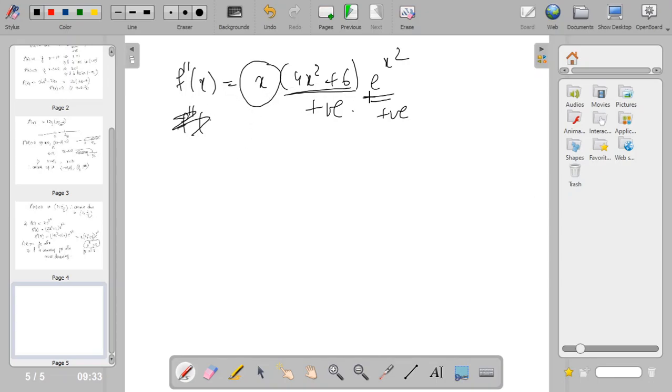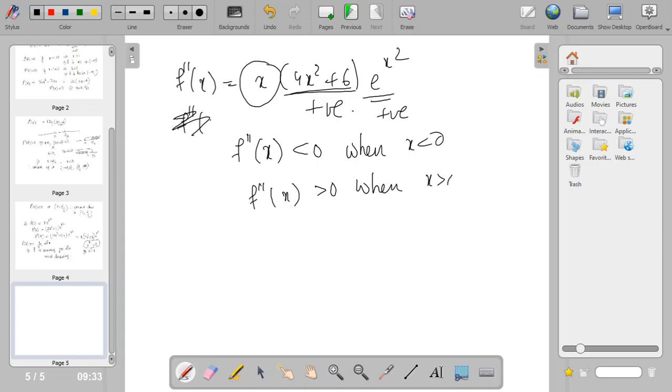അപ്പോൾ x പോസിറ്റീവ് ആണെങ്കിൽ entire product പോസിറ്റീവ് ആയിരിക്കും, x നെഗറ്റീവ് ആണെങ്കിൽ entire term will be negative. So f double dash of x will be less than 0 when x is less than 0. So f double dash of x will be greater than 0 when x is greater than 0.